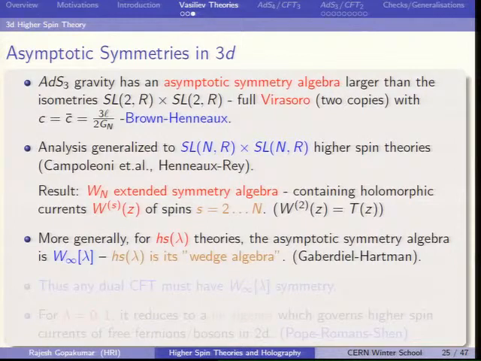This was shown more generally for the general HS lambda theory, that the asymptotic symmetry algebra is what's known as a W infinity algebra, labeled by a parameter lambda corresponding to the parameter in the HS gauge symmetry, the HS gauge group.